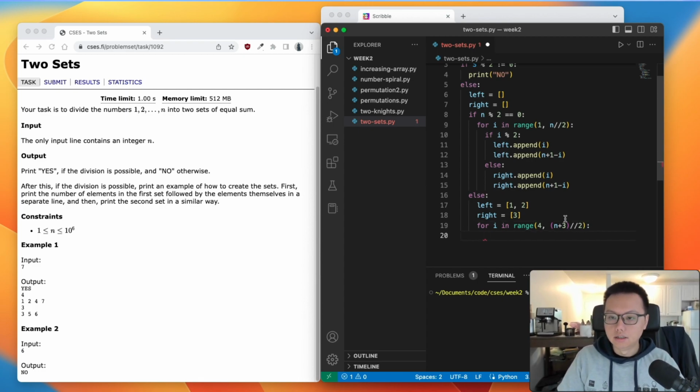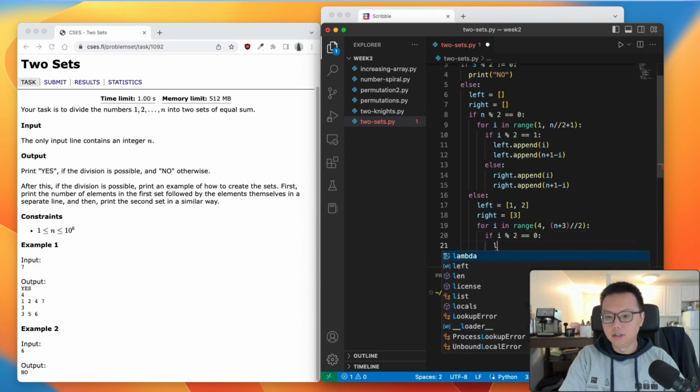Wait, we need to include that also, right? So it's an odd number, and we want to do this: if i is an even number, put it to the left.